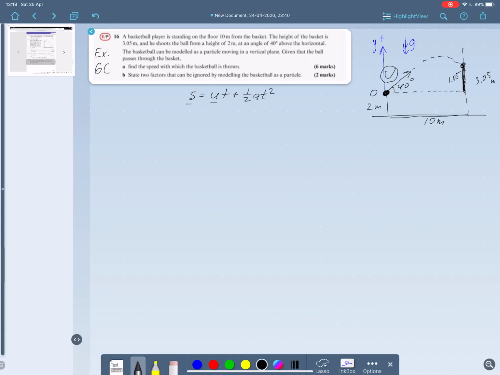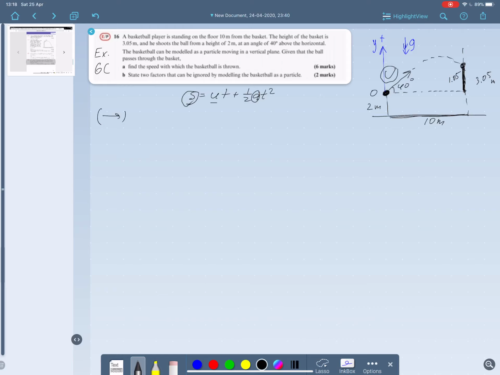But again, at least we know this bit and we know this bit. And because we can write down two equations, one for the horizontal displacement and one for the vertical displacement, we can figure out two unknowns then, time and initial velocity. Okay, let's do it.